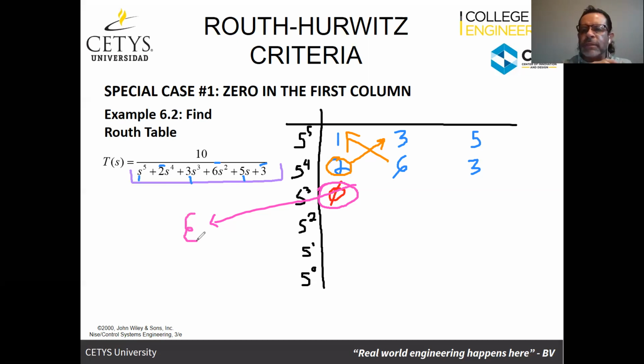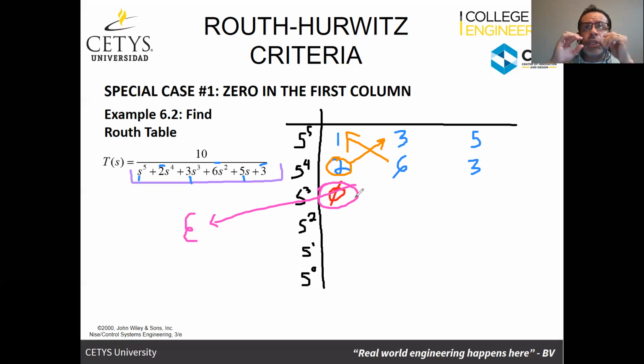We are going to say that this is a very, very small number that's very close to 0. So it's not 0, it's very close to 0. And we're going to substitute that here and continue the tabulation with that small value.